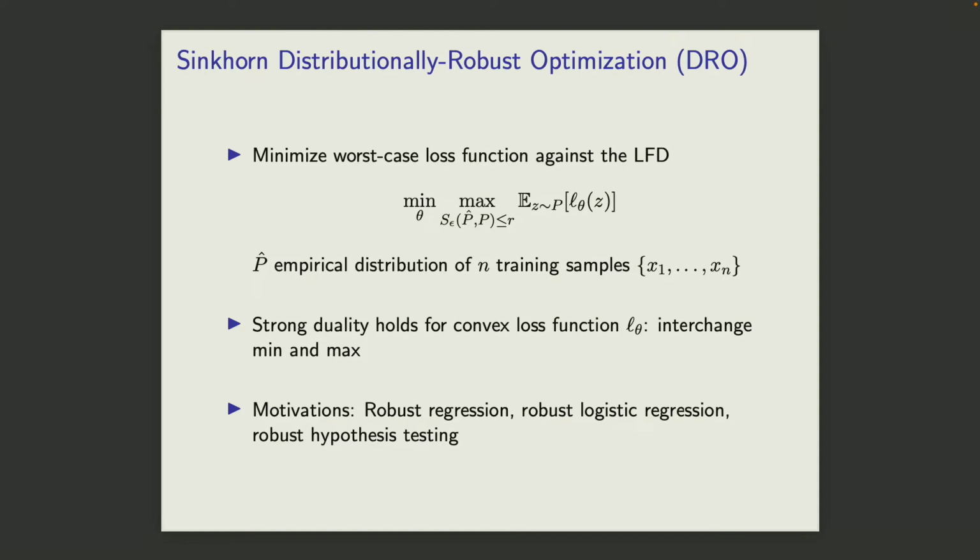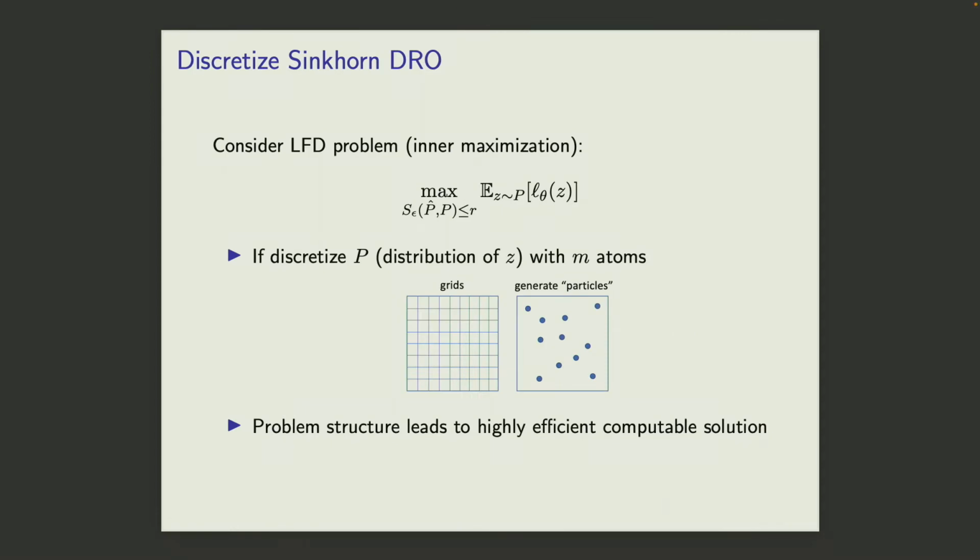For some general convex loss, again, I want to solve this min-max problem. The uncertainty set now is induced by this entropy regularized transport, centered around the empirical distribution with some radius r. In particular, if we discretize the distribution P, suppose we have either a grid of points or generate some particles, we want to solve for the distribution of the LFDs on these particles.